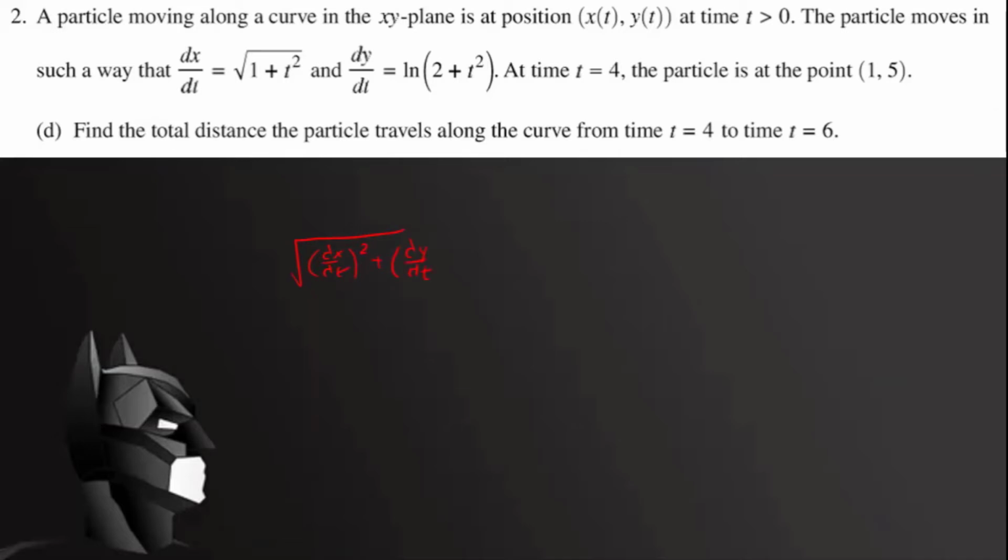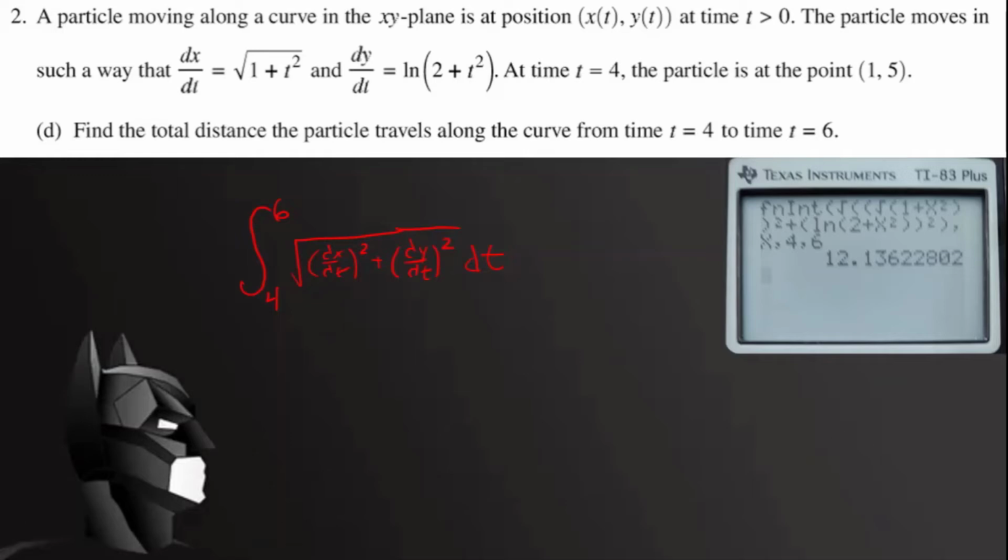All we need to do now is find the distance. To find the distance is to integrate over the interval of 4 to 6 seconds. This makes sense because the integral of the separate velocities will give us a position, which will give us distance. Now if we plug this into the Bat computer as so and let it calculate, we will get a final answer rounded to 3 decimal places of 12.136.